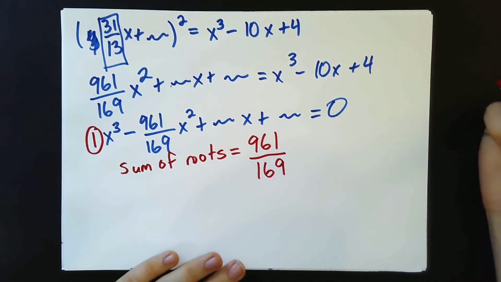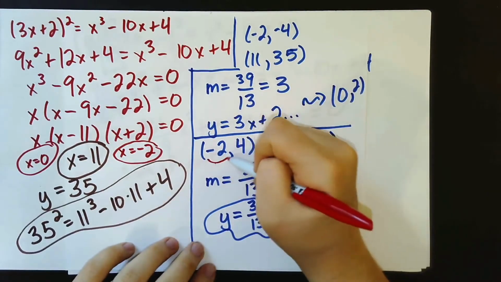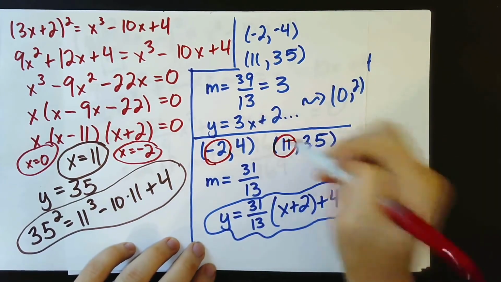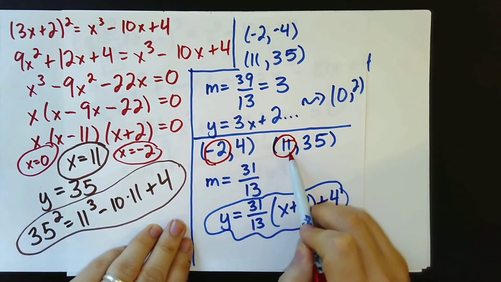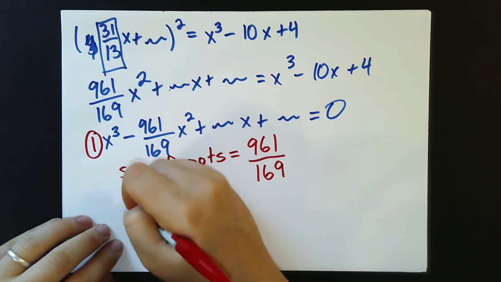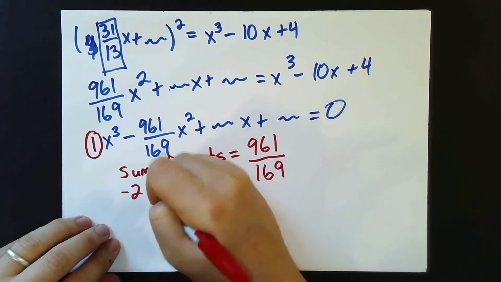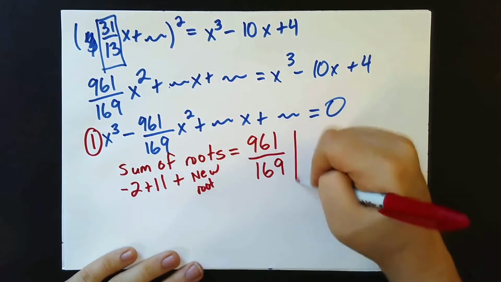On the other hand, we know two of the roots are minus 2 and 11. Again, we rigged that to be the case. So the sum of the roots is minus 2 plus 11 plus, and then our new root.